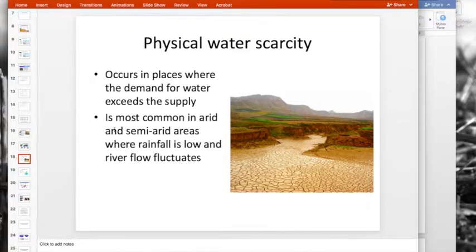It's most common in arid, aka dry, or semi-arid, a bit dry areas where rainfall is low and where river flow fluctuates. So if we think about this from a systems diagram point of view, we're looking at a place which has uncertain inputs of water and potentially high outputs of water.